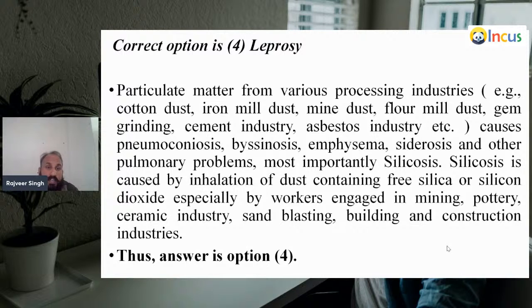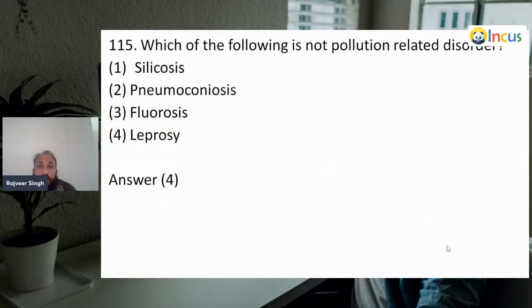Silicosis is caused by inhalation of dust containing free silica or silicon dioxide, especially by workers engaged in mining, pottery, ceramic industry, sandblasting, and building and construction industries. So answer fourth, leprosy, is the right answer because this is not a pollution related disease.